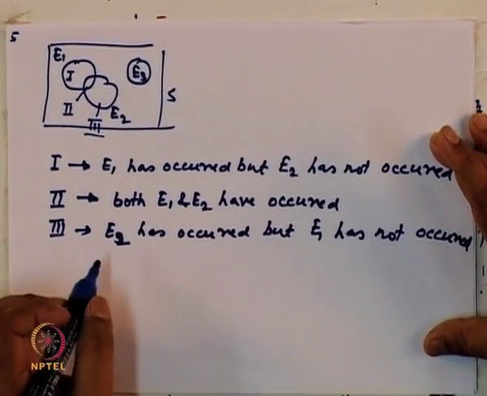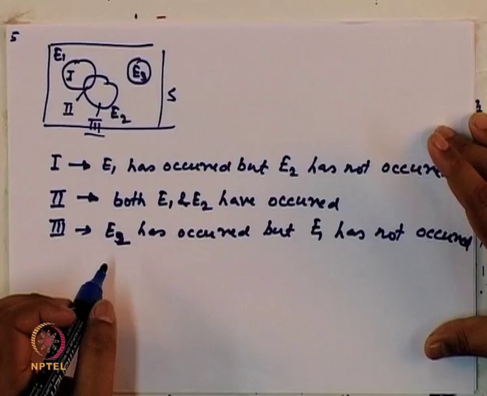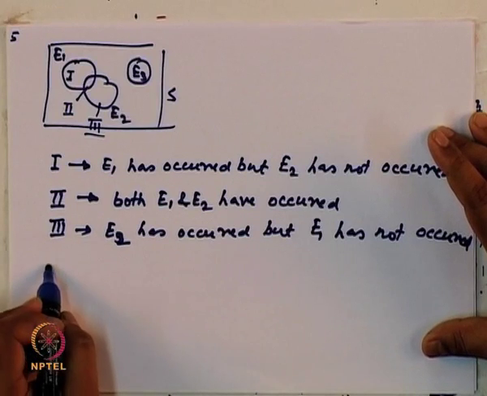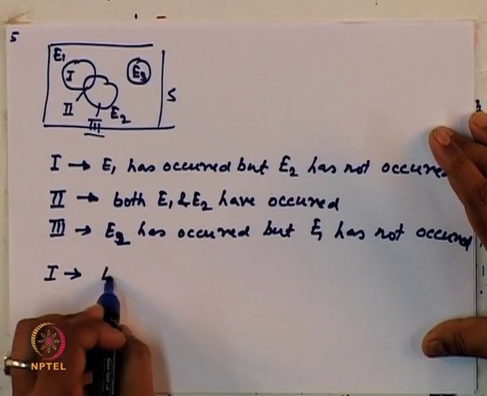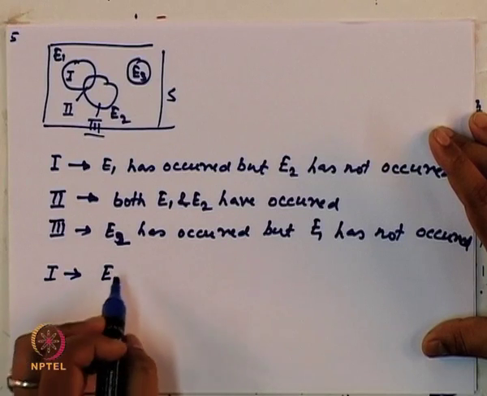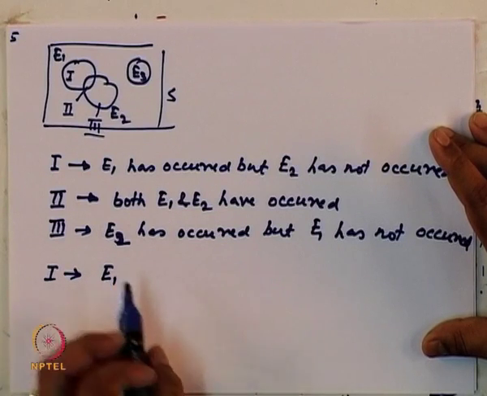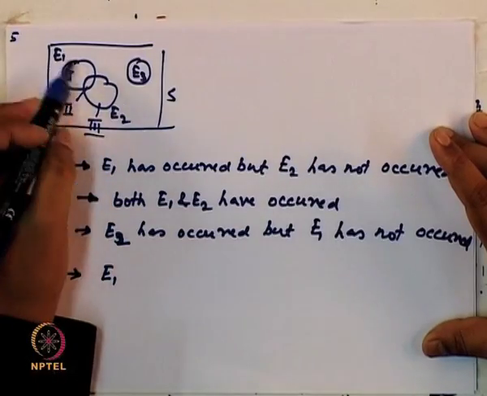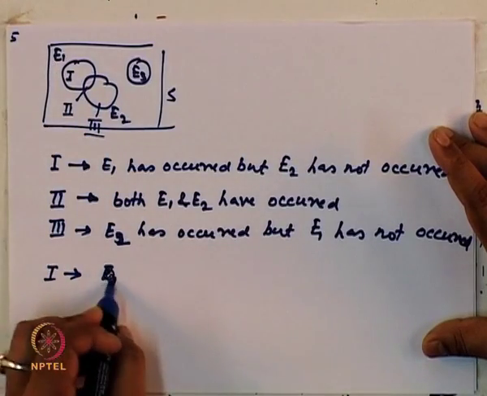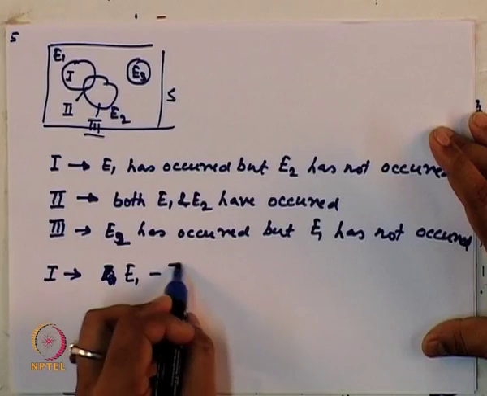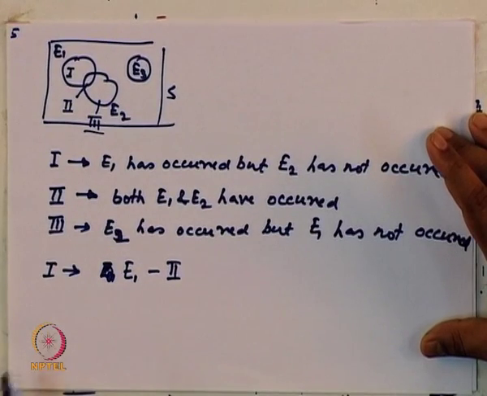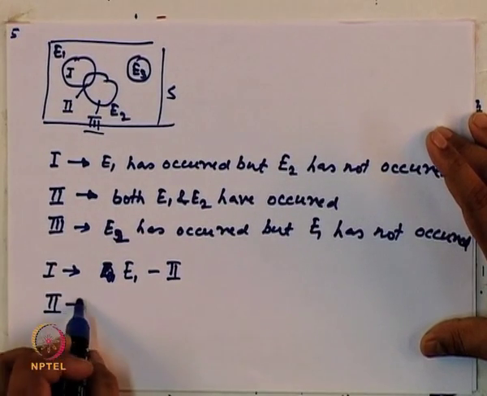Okay. So, using the concepts of union and intersection, I can write the area 1. E1 is the whole event, so area 1 is simply E1 minus the area 2. Let us find out what area 2 is.